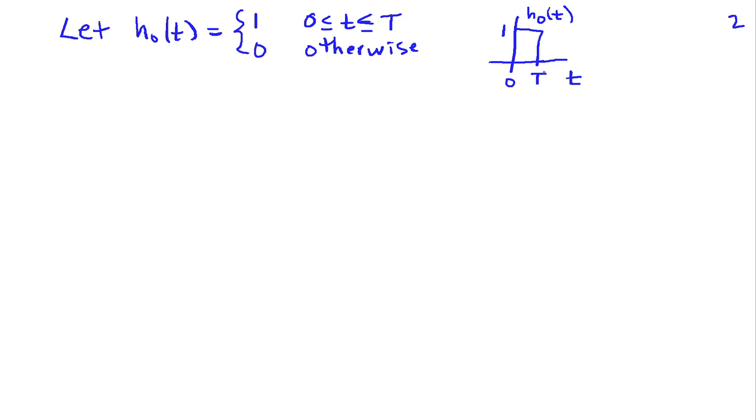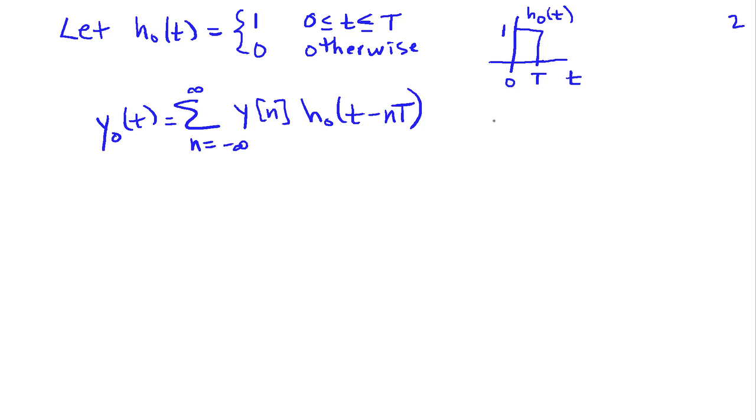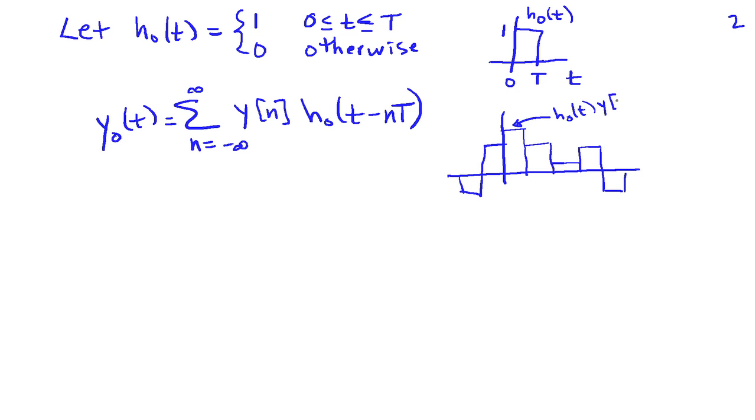And using this signal, I can obtain that stair-step expression for the output of our zero order hold by just writing it as a sum from n equals minus infinity to infinity of y of n h0 of t minus nT. So this one here is h0 of t times y of n, or y of 0.